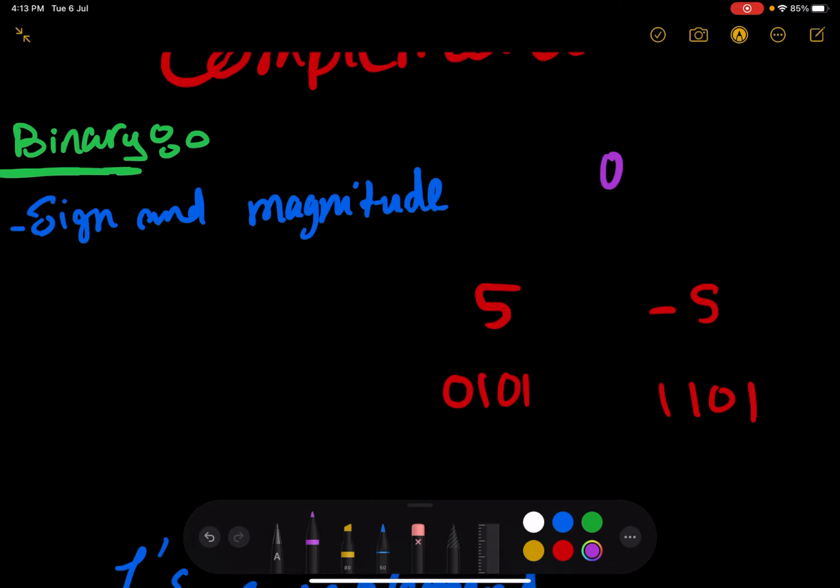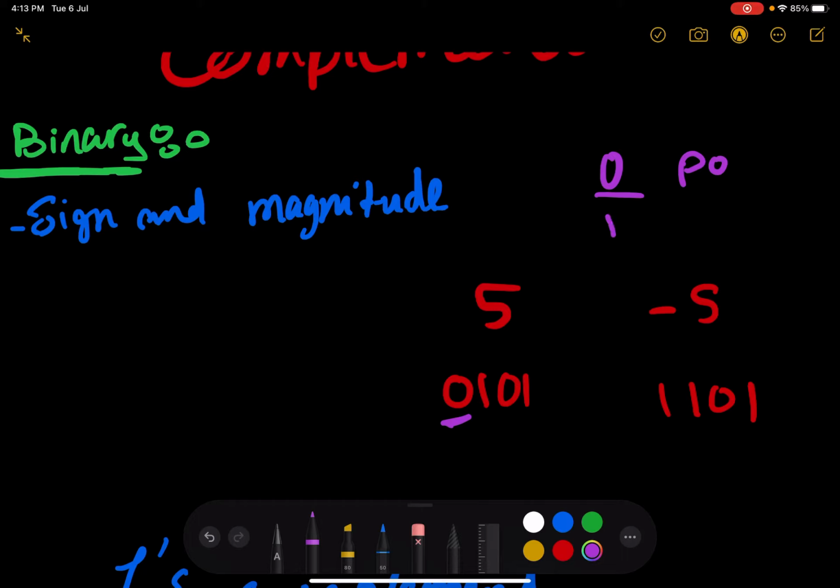0 represents positive numbers. Here the most significant bit we call our sign bit, and the sign bit holds a value of 0, which means that this number is a positive number when we are dealing with signed numbers.